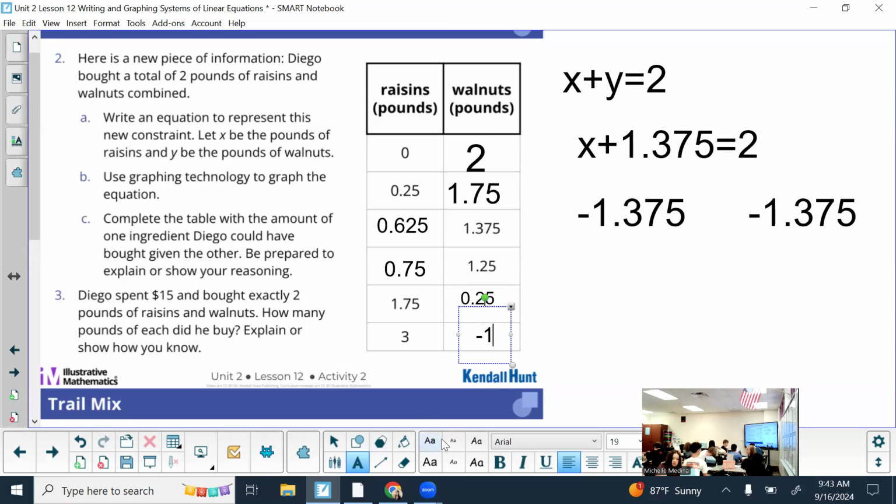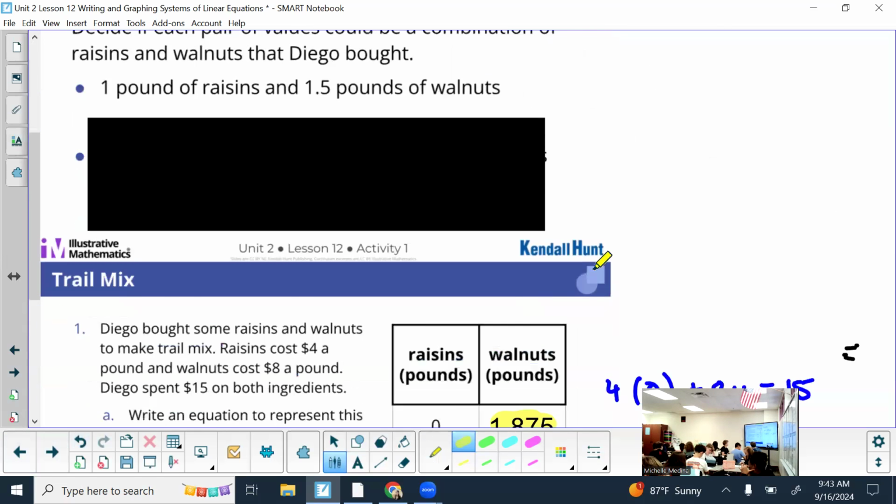Now listen, only one of these value pairs works for both situations. So look over both tables. Which one of these is also matching on here?